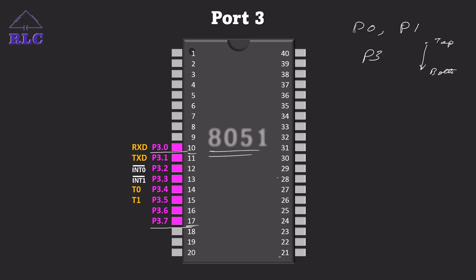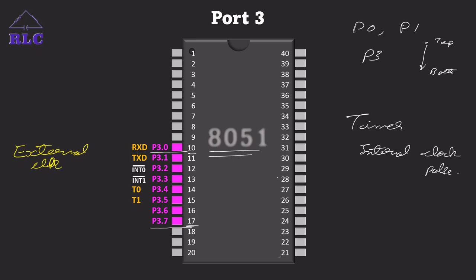Say I want to measure an external clock pulse, then I can make use of the same timers T0 and T1.